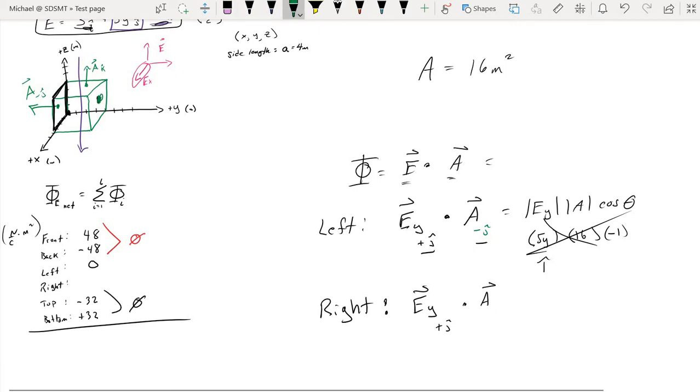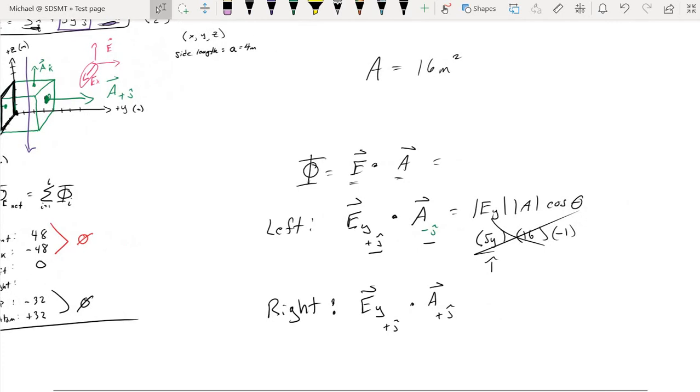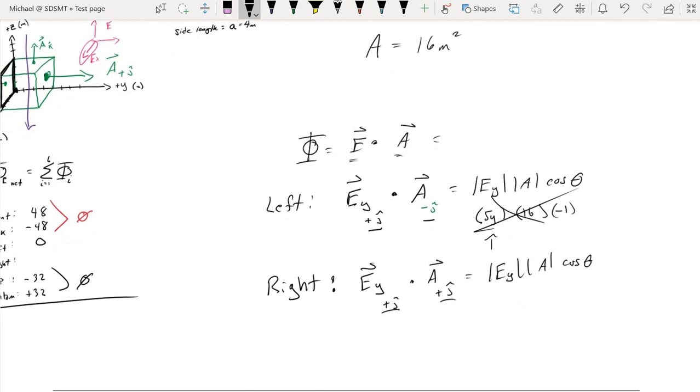So here's the right face of the cube, and it is pointing to the right, which is the positive j-hat direction. We evaluate our dot product with the magnitude of each vector, the cosine of the angle between them. These are both pointing along the positive y direction, so we have cosine 0, which evaluates to positive 1.